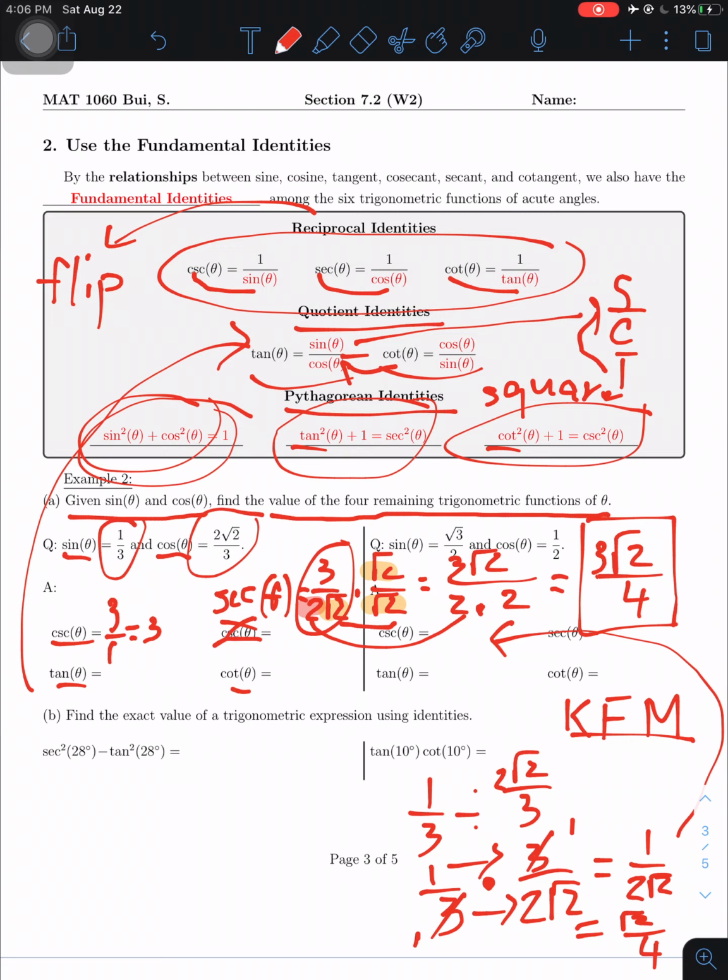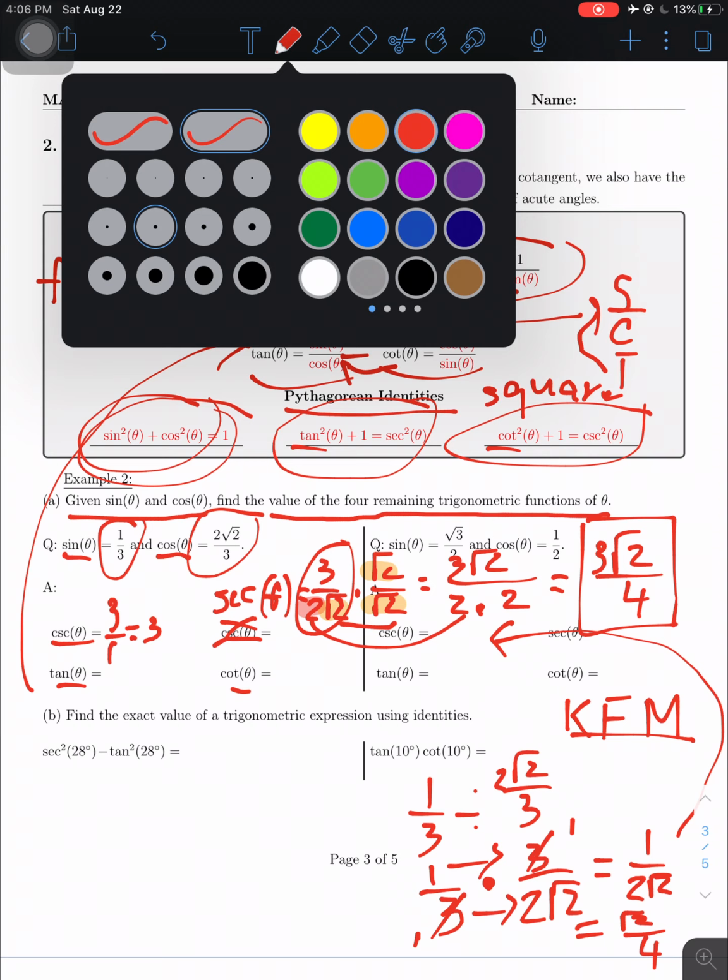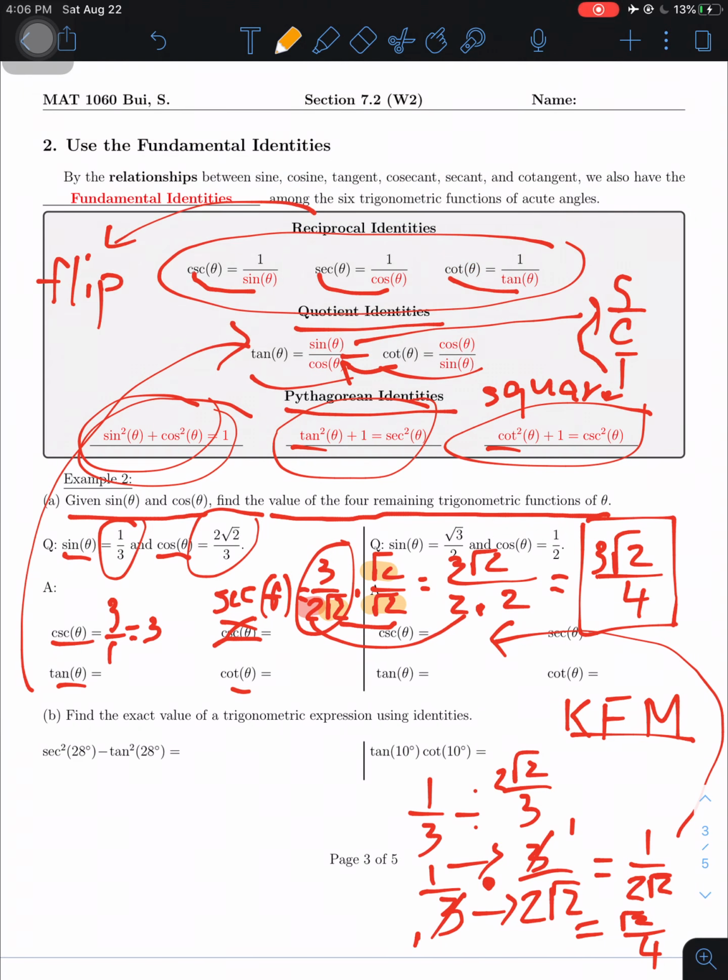Alright, now let me explain why we're not going to use cross multiplication in here. Okay, so first of all, let me point out 2 things. 1/3 equals, say, 3 divided by x.